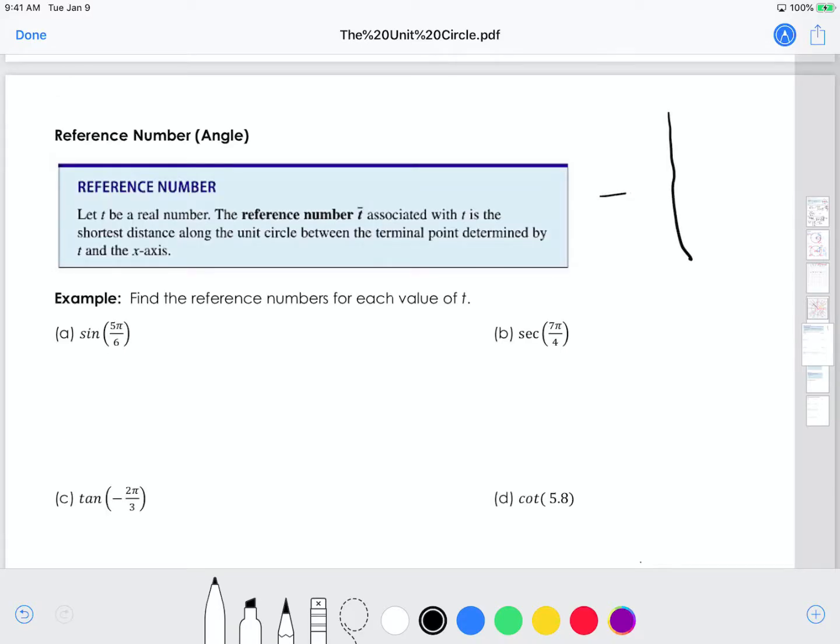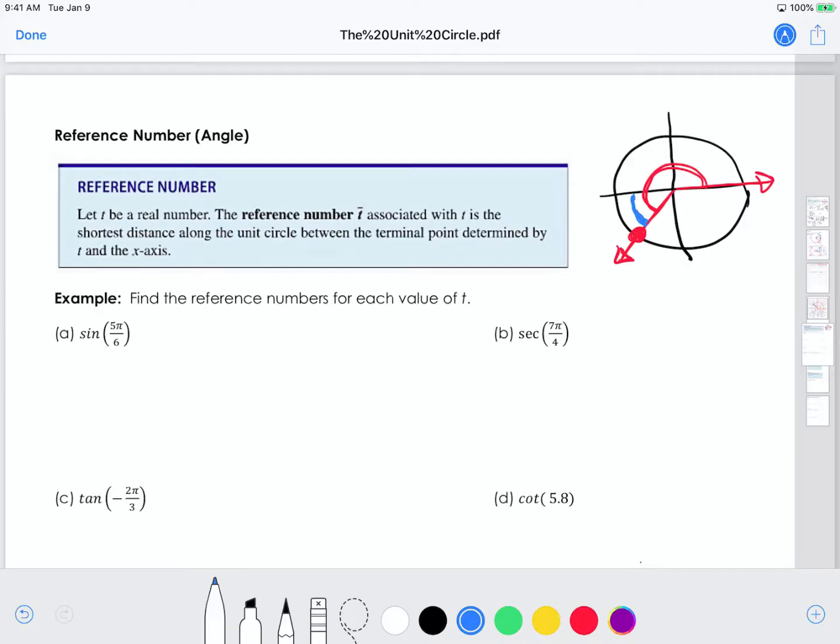If I look at the unit circle and sweep out an angle, here's the terminal side of that angle, which is obviously bigger than 180 degrees. But the reference angle, we can use to find the point on the unit circle that intersects with that terminal side very easily, by finding the angle that the terminal side makes with the x-axis.